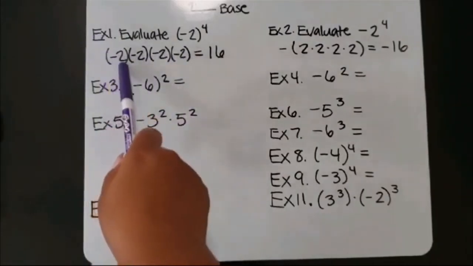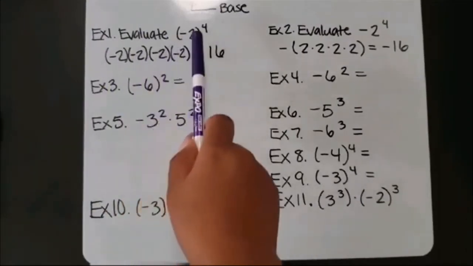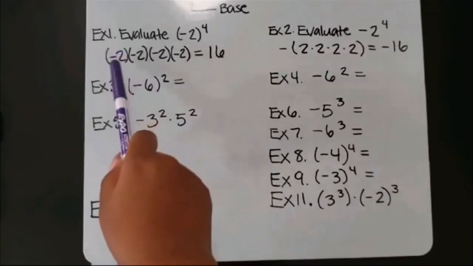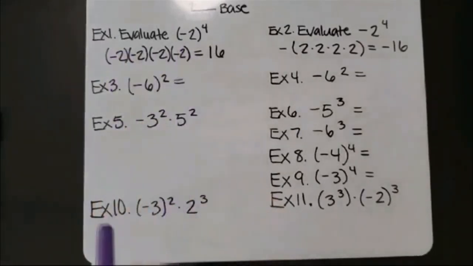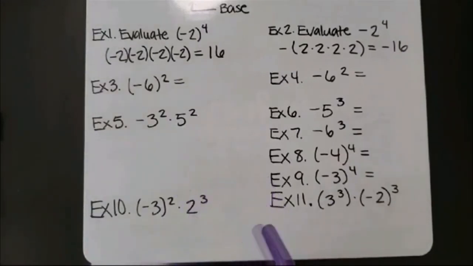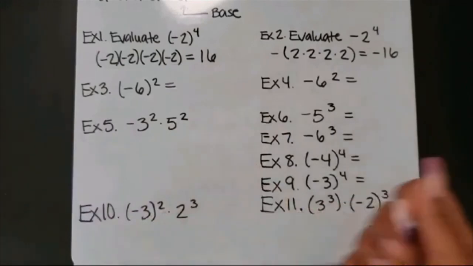So it's negative 2 times negative 2 times negative 2 times negative 2, all right? We have 4 negatives, and remember I told you guys yesterday that when we have an even number of negatives being multiplied, our ending answer is going to be positive. So our final answer is 16, all right?